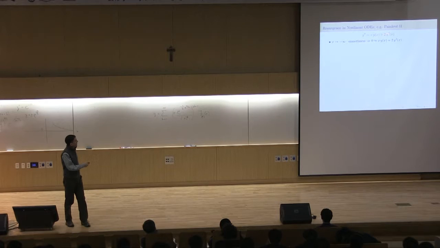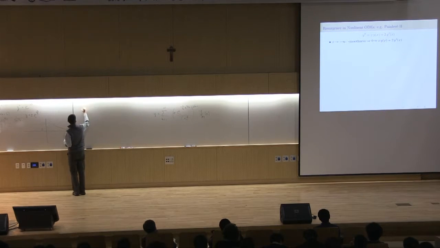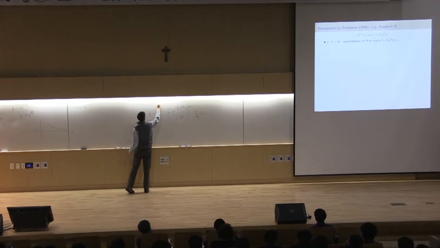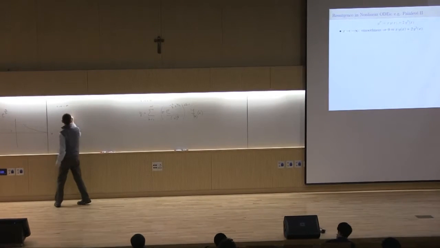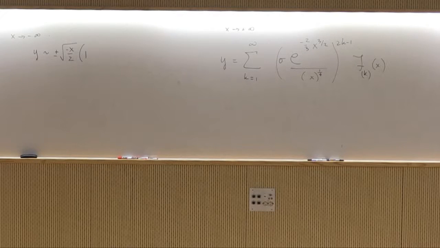And so I'm actually going to balance this term against this term at minus infinity, which means that y squared, as x goes to minus infinity, so this is the behavior as x goes to plus infinity. As x goes to minus infinity, y is going to go like plus or minus the square root of minus x over 2, times 1 plus something. Okay, that just comes from balancing xy against 2y cubed.